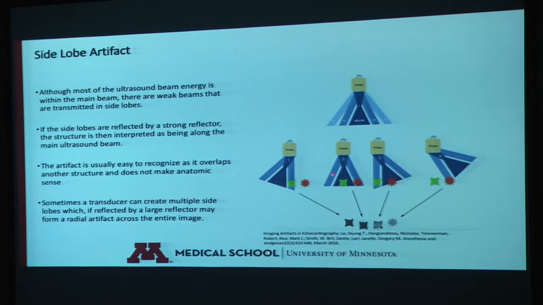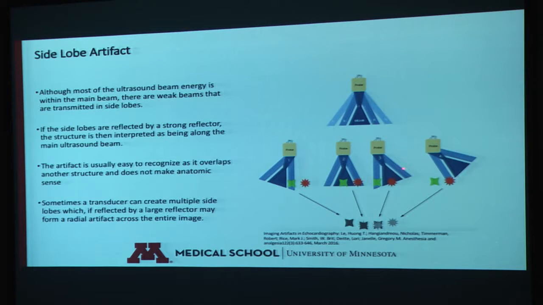And as this scans over, you have now a situation where you have the side lobe here reflecting back an image, which then gets plotted here, and the main beam here reflecting off this green structure here, and those get plotted, kind of superimposed on each other.